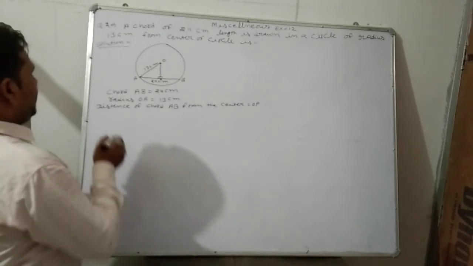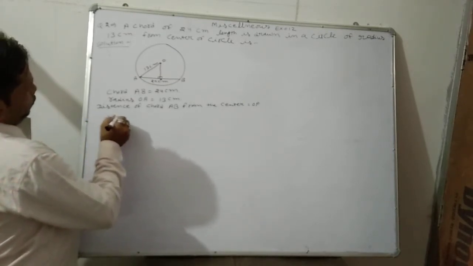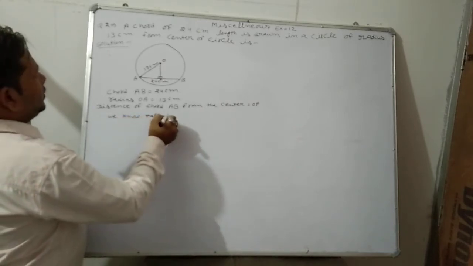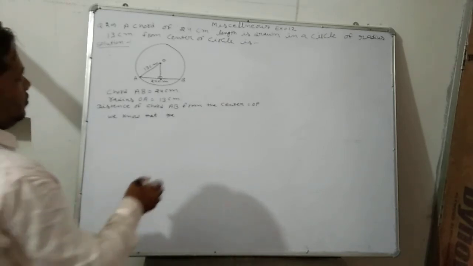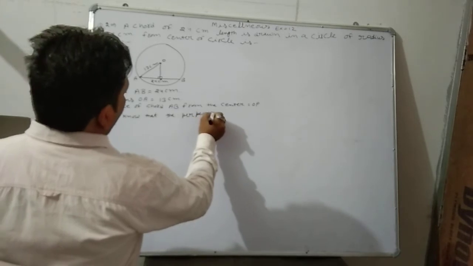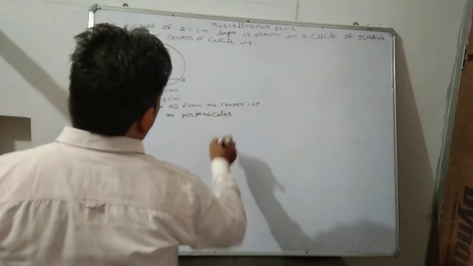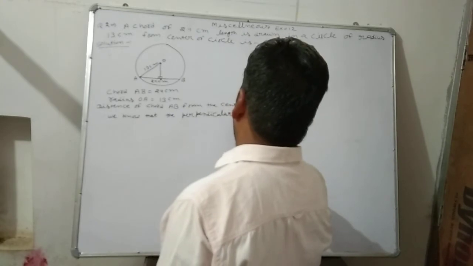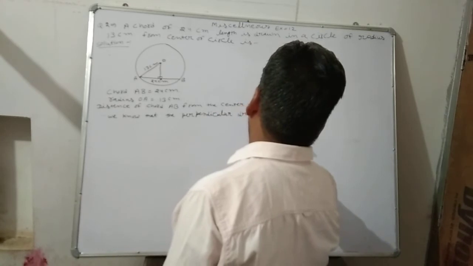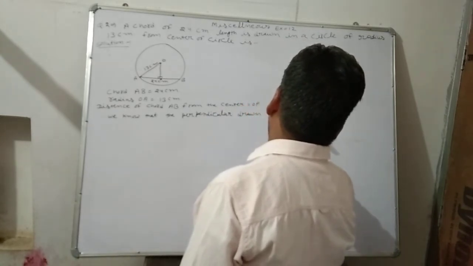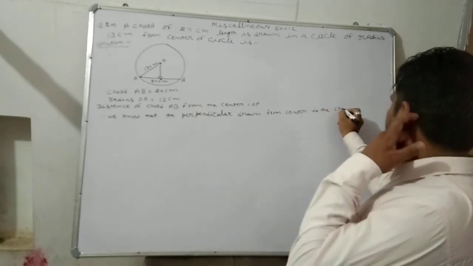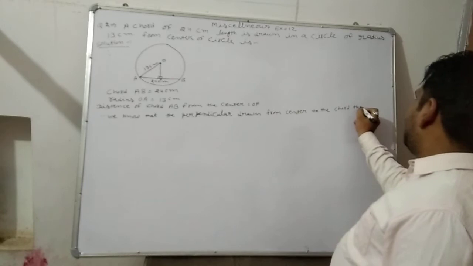Because we know that according to the theorem, the perpendicular drawn from the center to the chord bisects the chord.